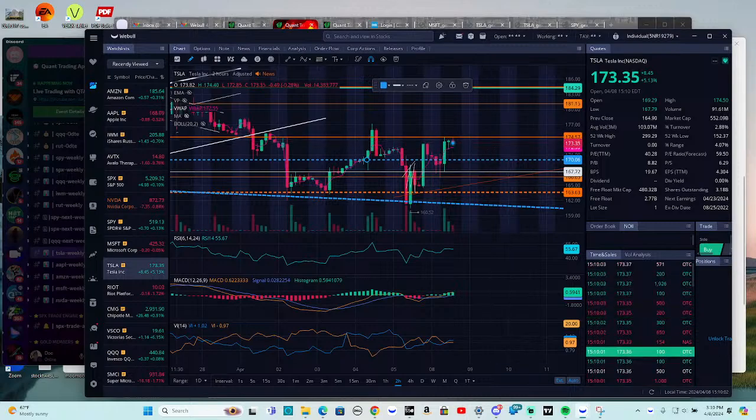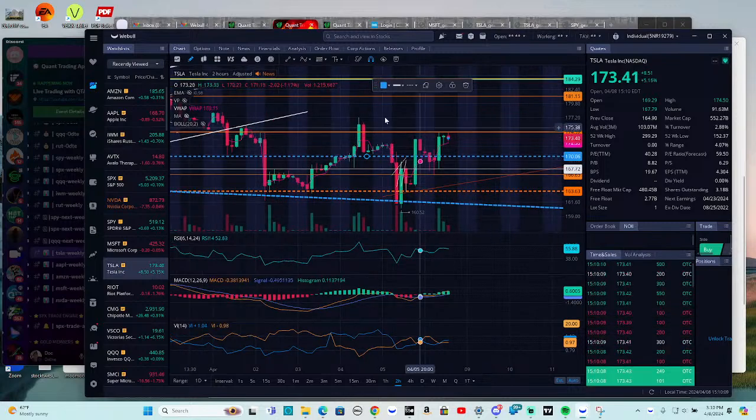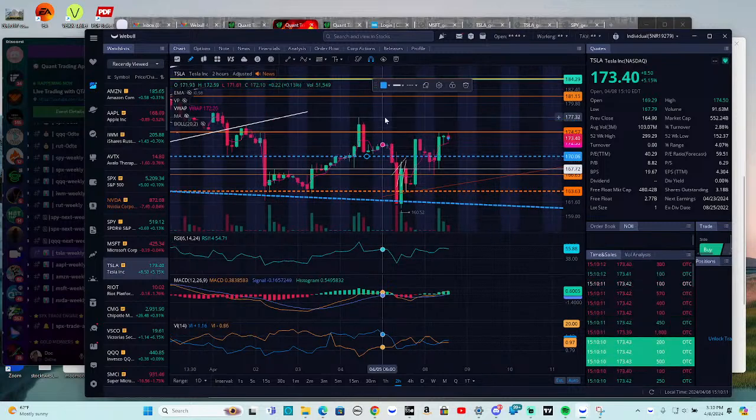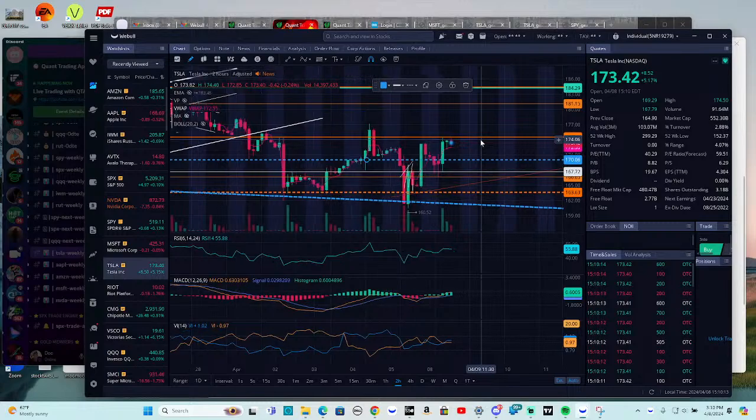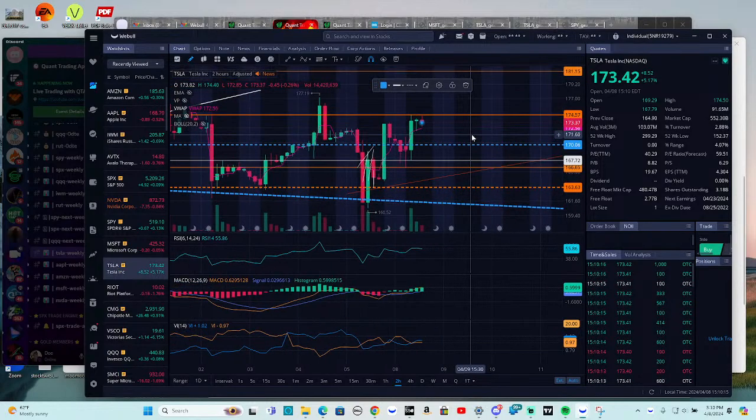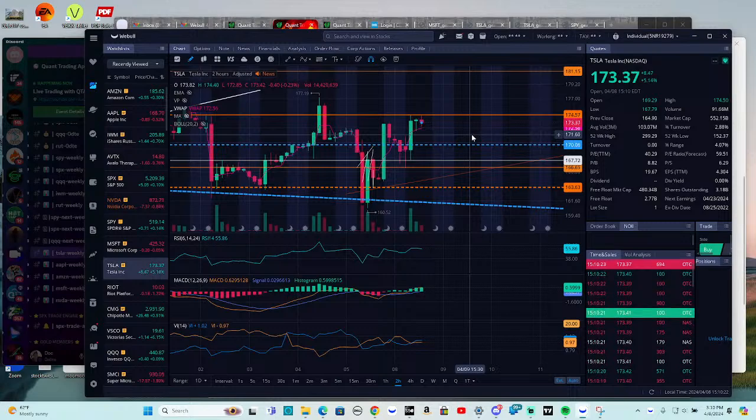So does anybody have any questions on what I'm talking about? Anyone picking up what I'm putting down? Anyone have a ticker of an equity that we can look at and I can demonstrate how to use the tools for it? Keep in mind, this is the way I use QTA tools. There are people that use it differently.